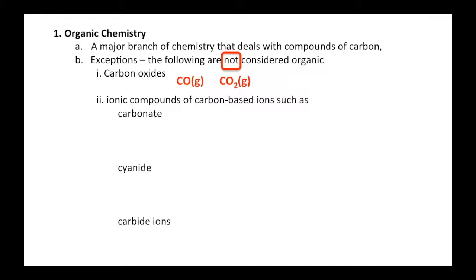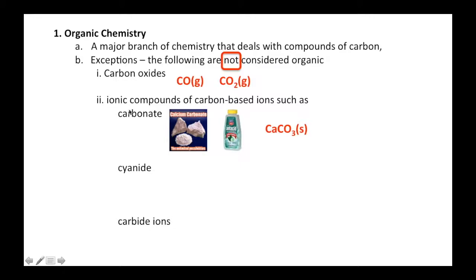So if you have a carbon with an oxygen, like carbon monoxide, carbon dioxide, even though there's a carbon, it's considered inorganic. Now we can have carbonates, like we could have calcium carbonate. Now there's our C, carbon. You'd think it was organic, because almost every compound that contains a C is organic, but this is an exception. This is inorganic. Okay, calcium carbonate.